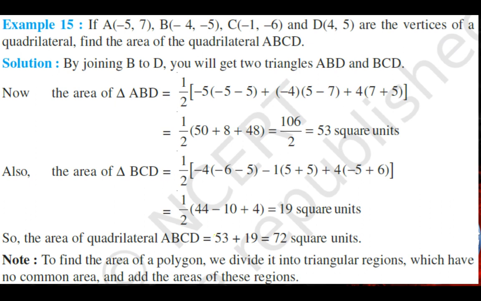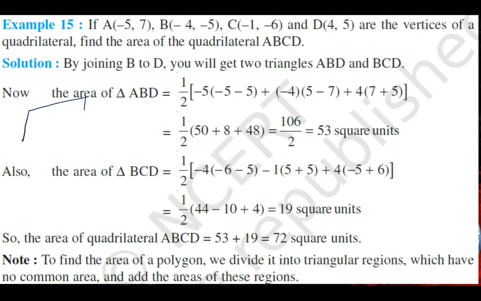Sorry, example number 15 has come in between, which is same as the previous question that we have done. See, again we have 4 coordinates over here. Here we have joined B and D. So first let me draw a quadrilateral and show you. Right.